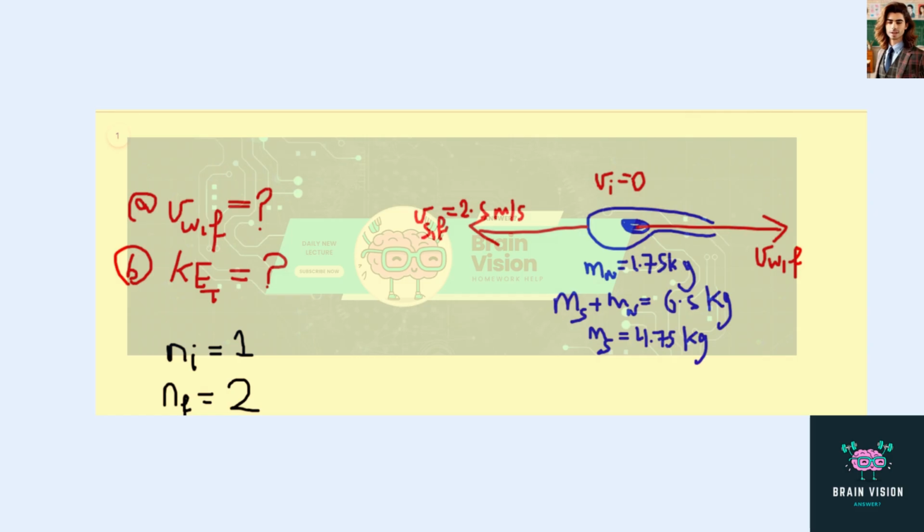As long as the initial number of particles and the final number of particles are not equal to each other, that should immediately tell you this is an inelastic collision.